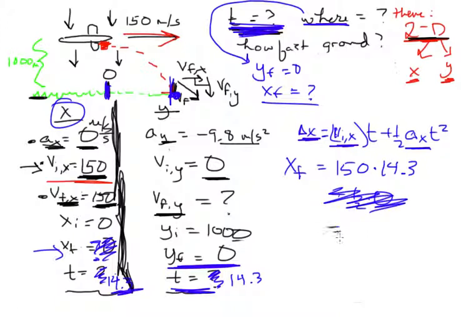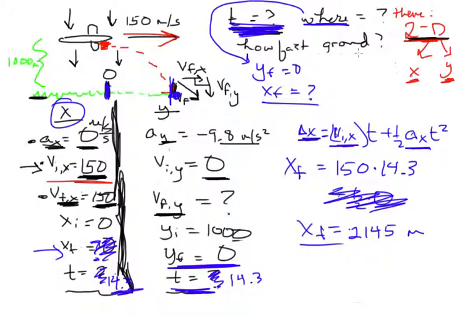What's 150 times 14.3? That is, I believe, 2145 meters. That makes sense, because 150 times 10. Okay, so that's good. That's your x final. Cool.